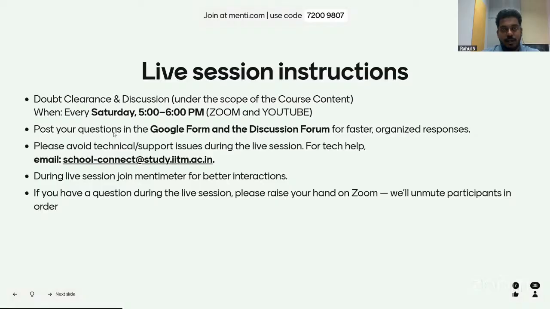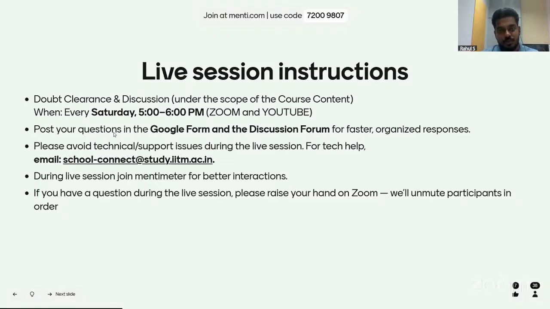And the third important point: you may get some problems because of glitches in the website, or if your mail is not getting submitted, or the videos are not showing up. Whatever problems you have, these kinds of technical or support-related issues, don't write in the discussion forum. Write directly to School Connect at study.iatm.ac.in. I strongly recommend you note down this email ID from the start of this week until you write your exam.